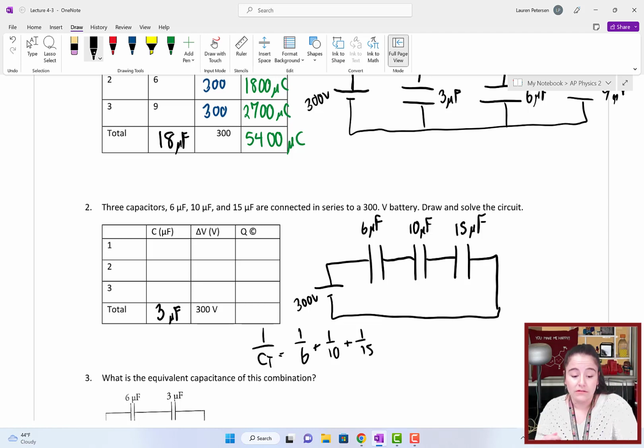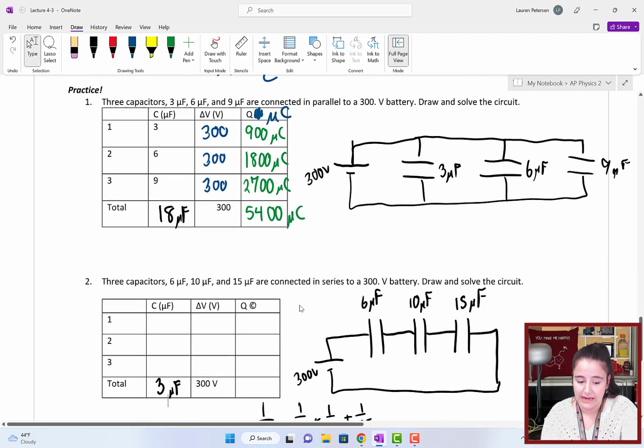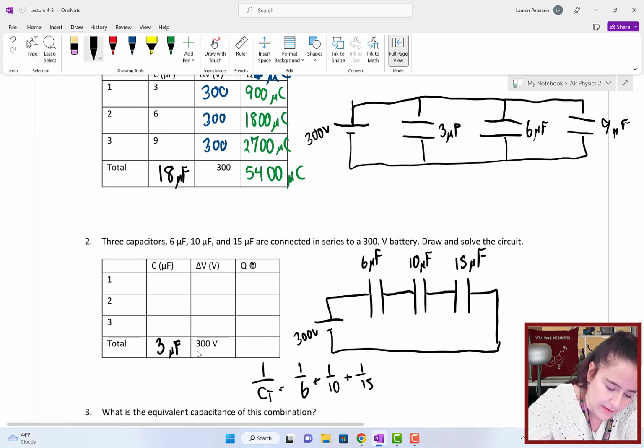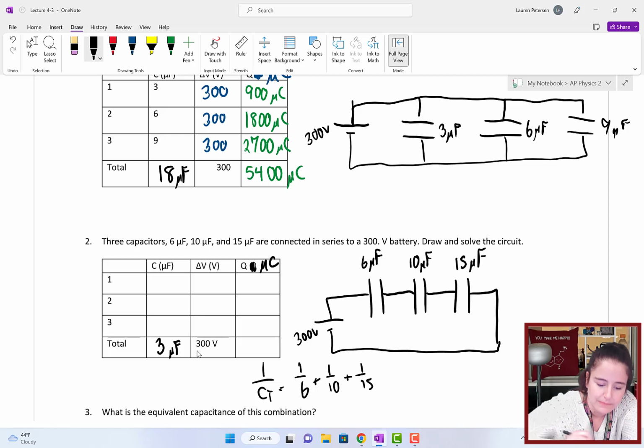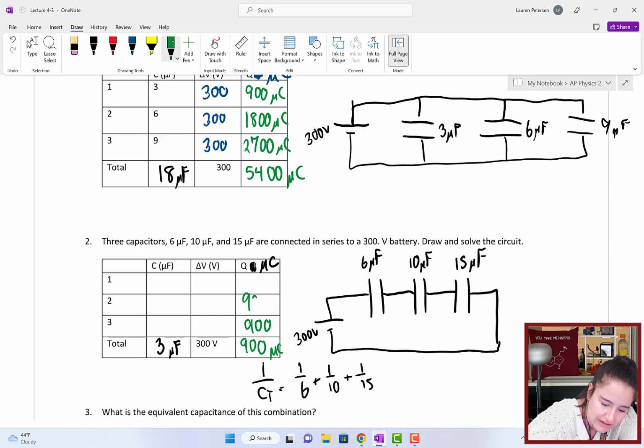So from Q equals C delta V, 3 times 300, again in microcoulombs, gives us 900 microcoulombs of charge. So it's going to be 900 microcoulombs on each individual capacitor.